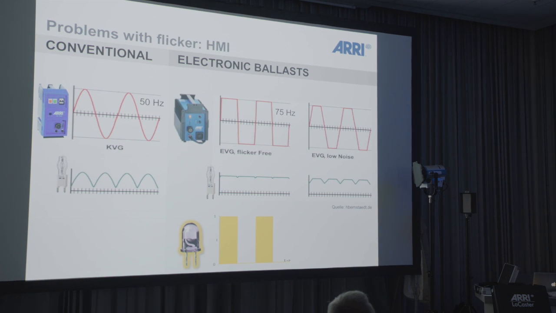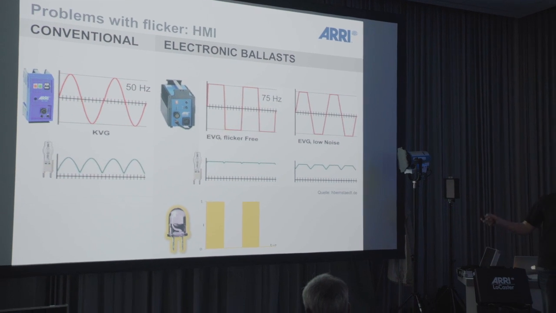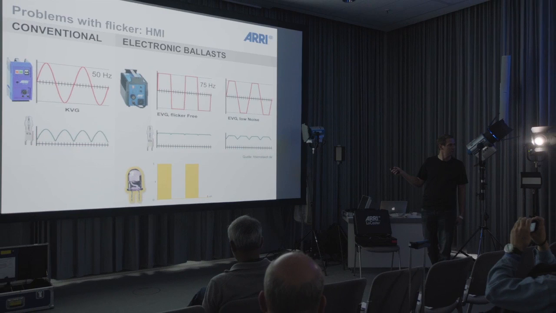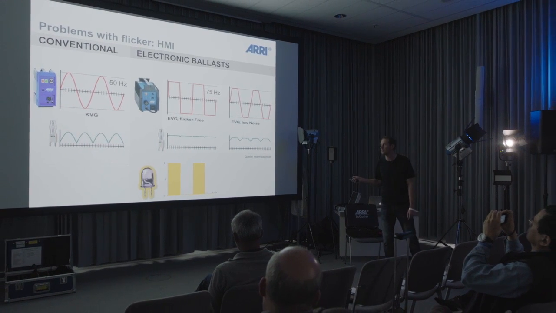So this is why with an LED, we have to work with kilohertz, like I said, 20,000 hertz in this unit. And with the HMI, we can use much smaller frequencies. All of our flicker-free ballasts, they have 75 hertz, which doesn't sound much. Yeah, 75 hertz, that's not much.